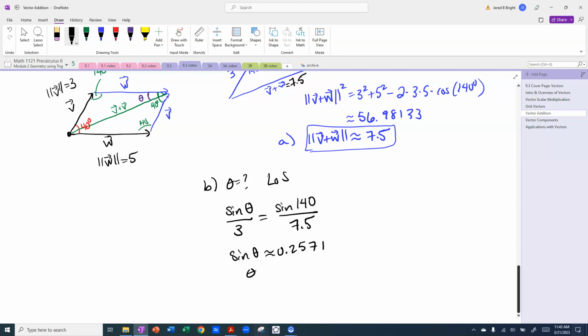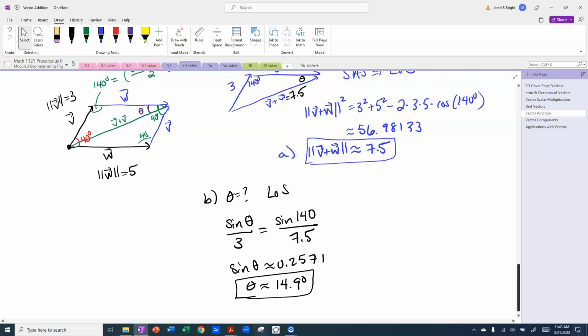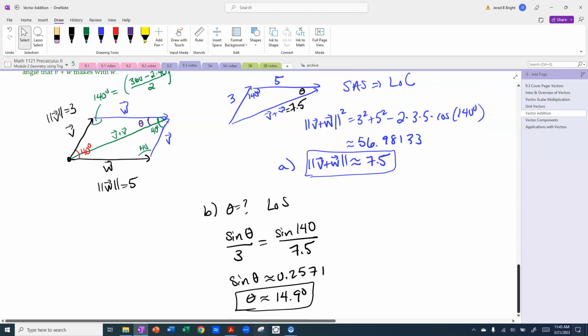If you do inverse sine of that, I get about, let's say 14.9 degrees. So does this make sense? Well, we need it to be less than 40 for sure. I mean, it's reasonable. All right, so there we go.